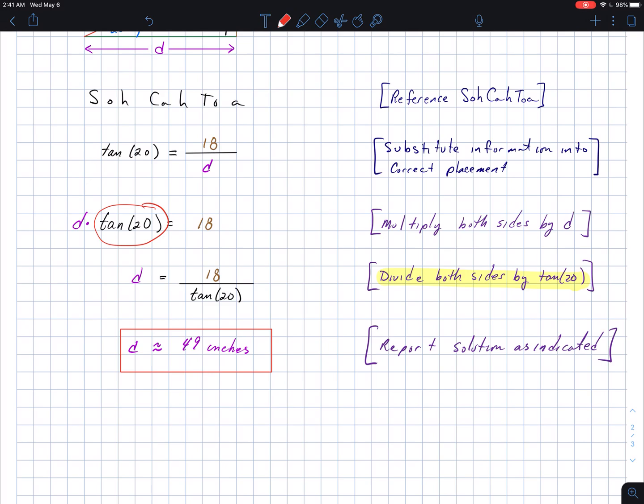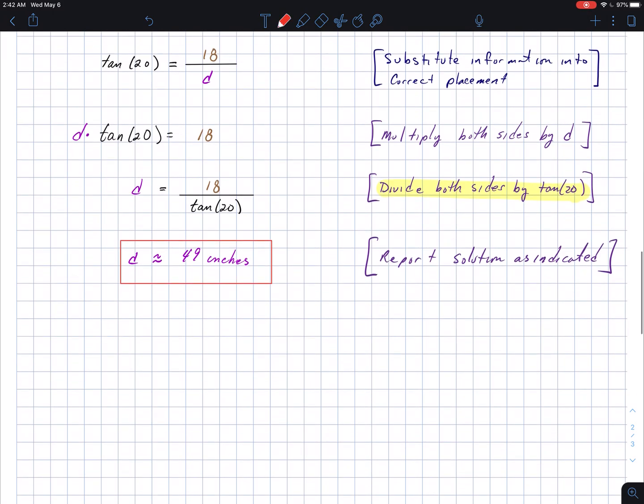Not just 20, not just tangent, we divide the whole thing by tan 20. Okay? So, once we have that, I've reported the exact solution.